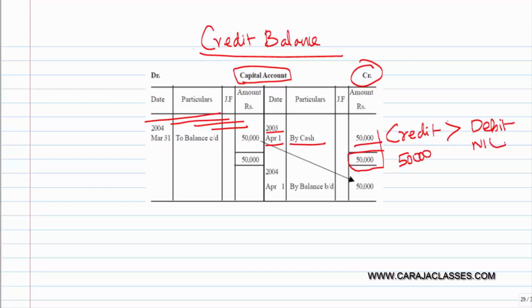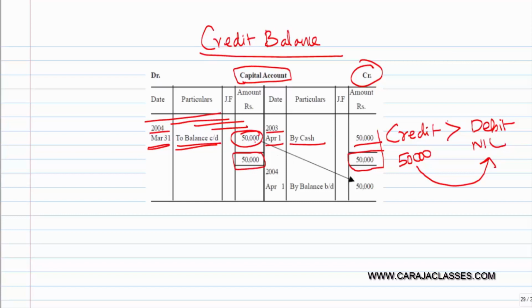So if you want to balance and close this ledger, you should park this balance on the debit side. So I'm writing at the year end, that is 2004 March 31, to balance carry down 50,000. In this way the total of credit is equal to the total of debit.